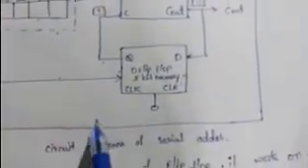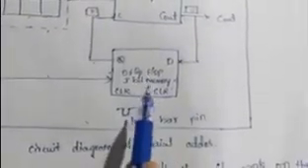CLK means clock pin and CLR is the clear bar pin. We are using the D flip-flop to hold the carry out, and whenever we want to perform the addition of the next 2 bits, the C out will be given as C in for the next bit addition.